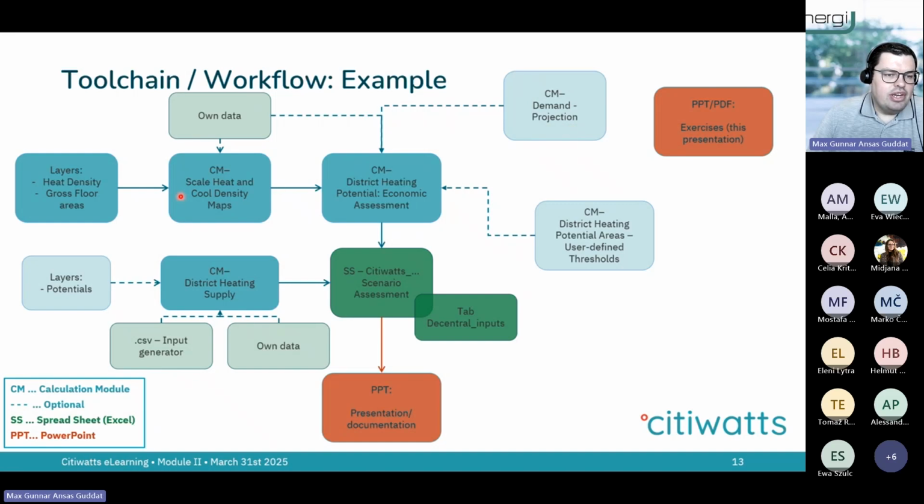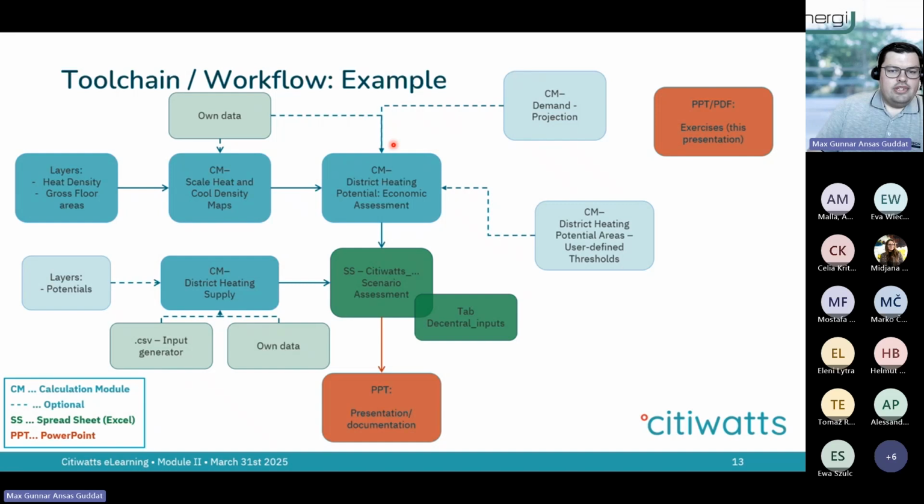But for the needs of the exercises, you can stick to simply applying a scaling factor and then have a future picture. But you can also do the advanced one, like I said, and that will also give you a development of the gross floor area in the area and the heat demand development for those years that you specify. And we're going to demonstrate those later on in the exercises.